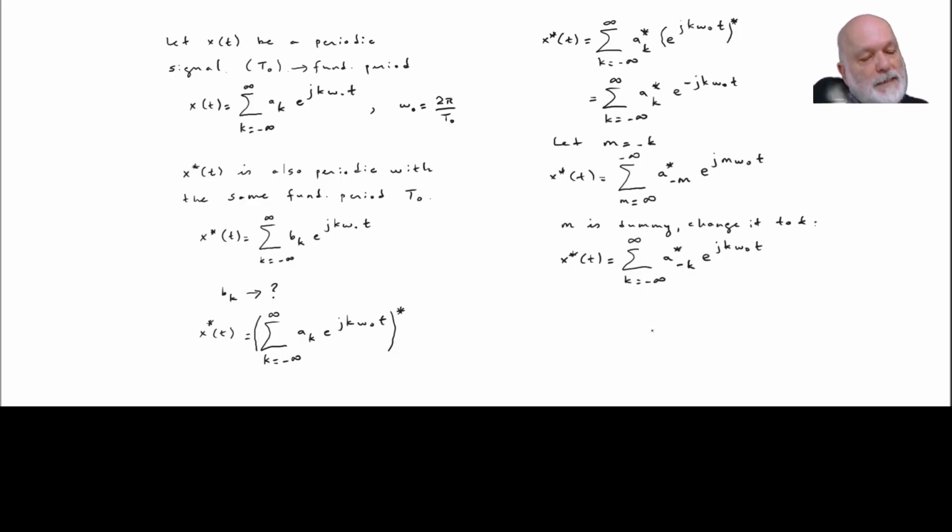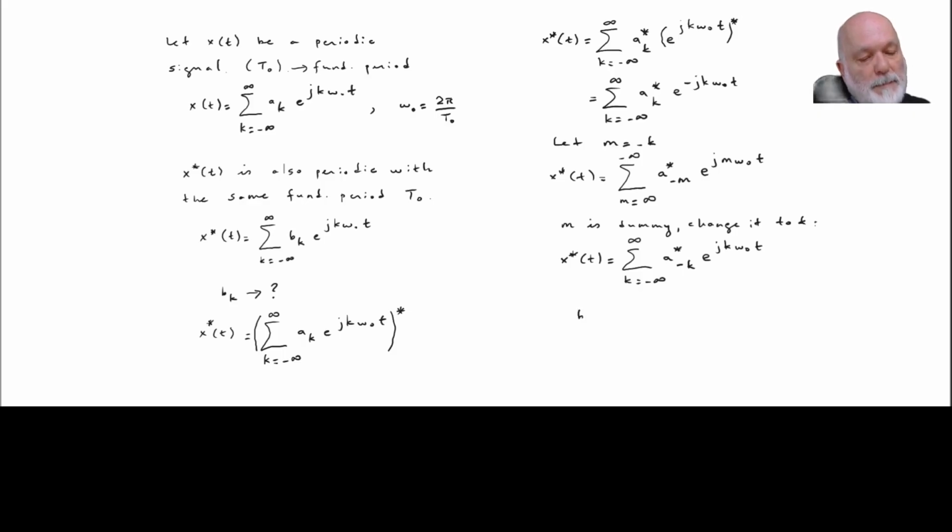So we now see that this is in the form of a Fourier series because we have a Fourier series expression in terms of the superposition of the complex exponential functions e to j k omega 0 t, and the coefficients are given by means of this expression.